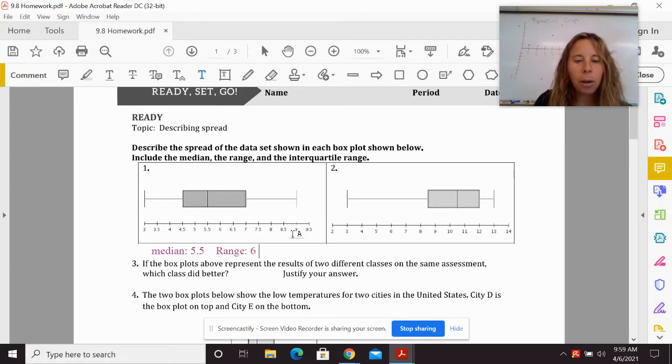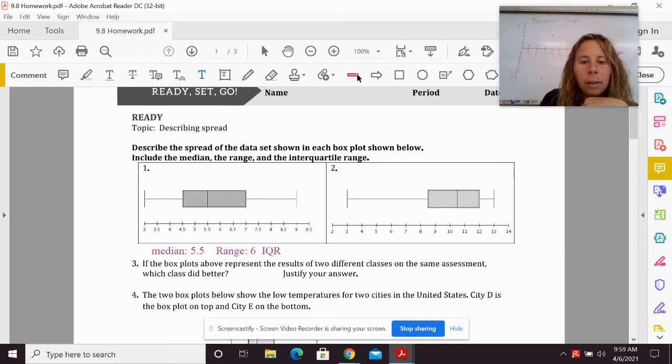Range is 6, and then your interquartile range, your IQR, is just the length of your box. So how long is your box? I think it's supposed to be 4.5 to 7. Yes. So you go from 4.5 to 7.